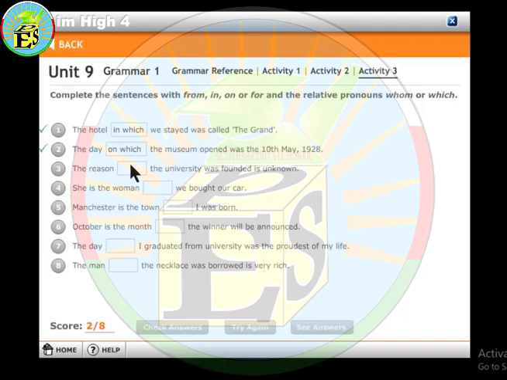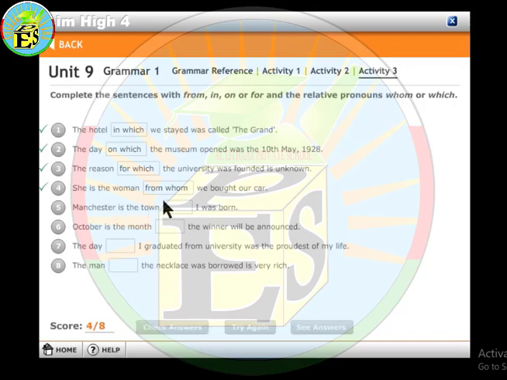For which. Check. She is the woman space we bought our car. From whom. Check.